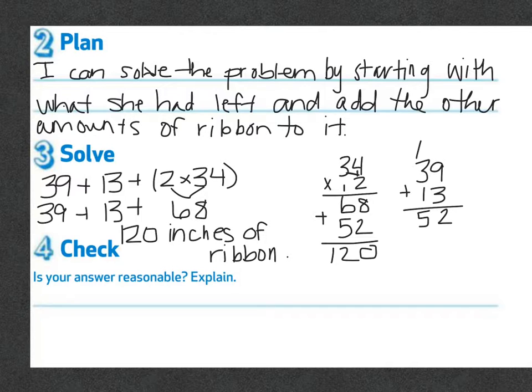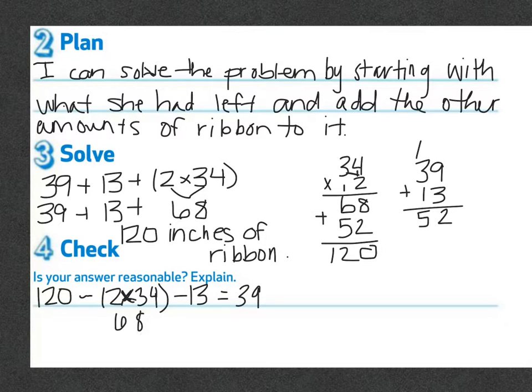Is our answer reasonable? Okay, let's see. If I start with 120 and I subtract 2 times 34, and then I subtract 13, am I left with 39? Well, let's see. 2 times 34 is 68. Minus 13.